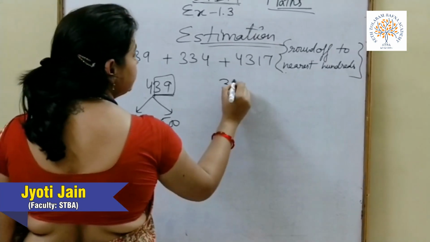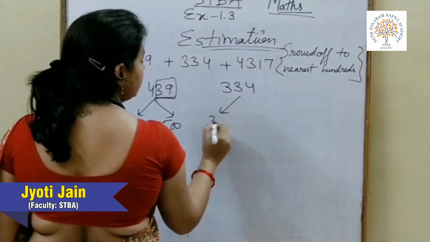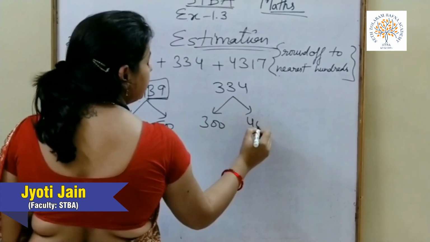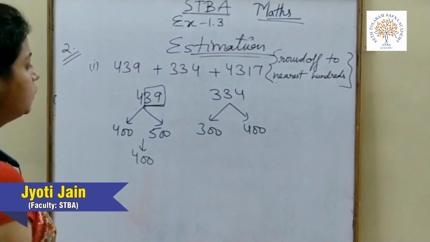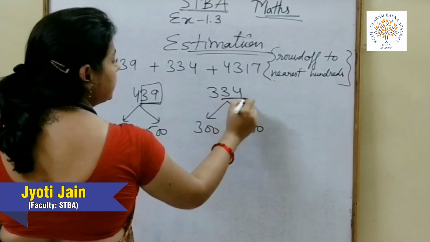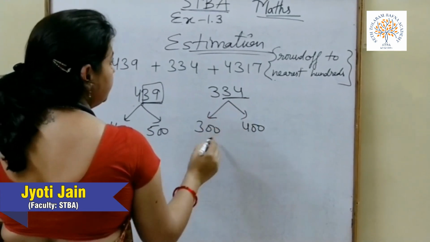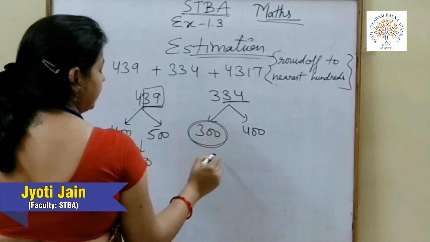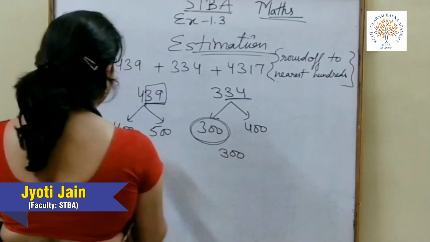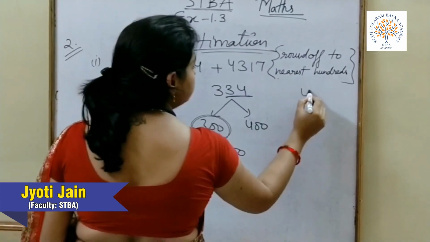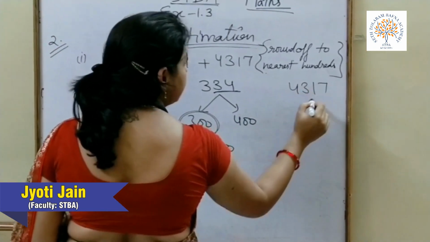Next is 334. It comes between 300 and 400. Again, the last two digits are less than 50, so it will be rounded off to 300. And next one is 4,370.